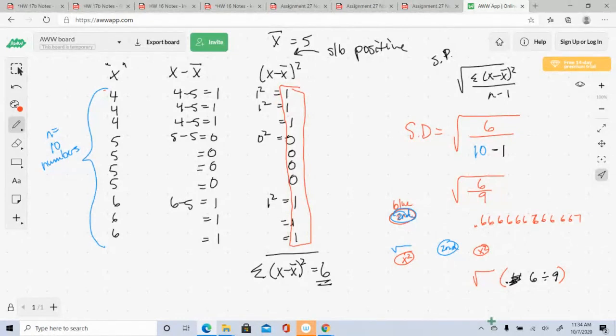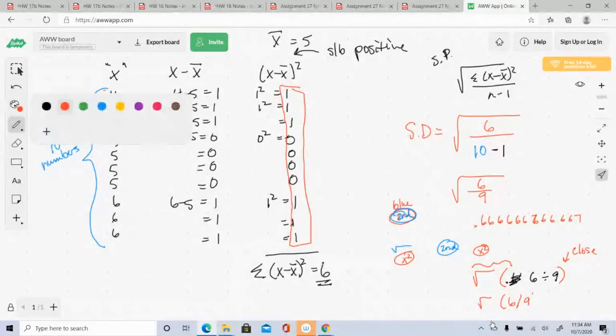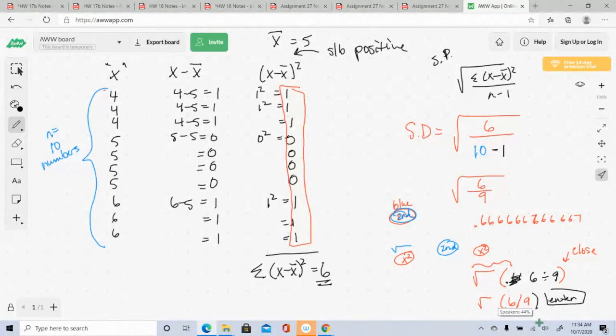It's going to open the parenthesis for you, but you're going to have to close it. Then you can hit enter. So it'll look like this: 6 divided by 9, close it, and hit enter.